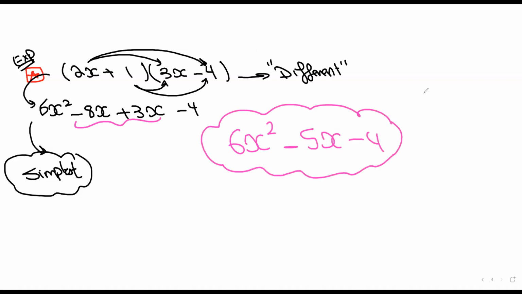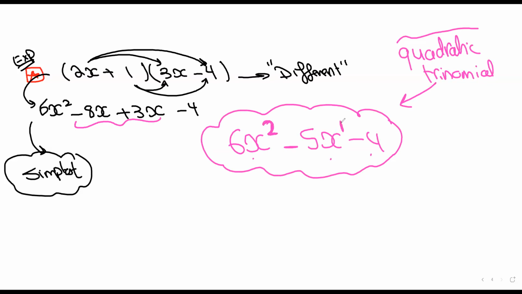This is the answer, and this is what we call a quadratic trinomial. Why is it called a quadratic trinomial? It's called trinomial because, as you can see, it has 3 terms. Quadratic means that the powers of the letters are power 2, power 1, and then there is no x.